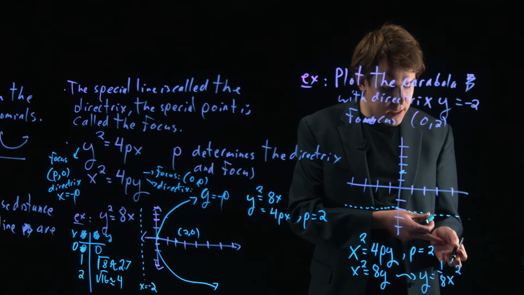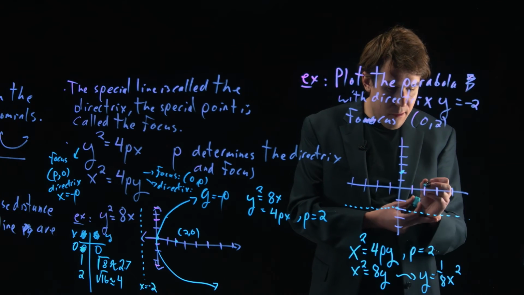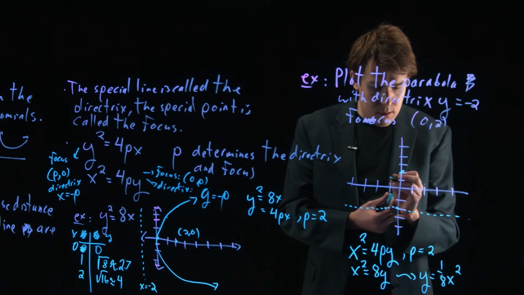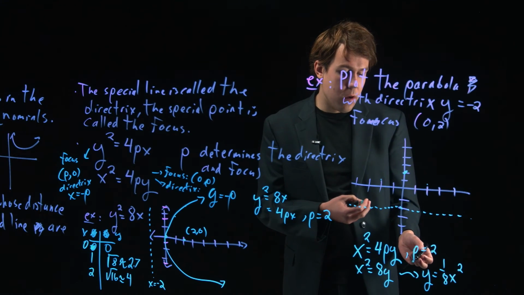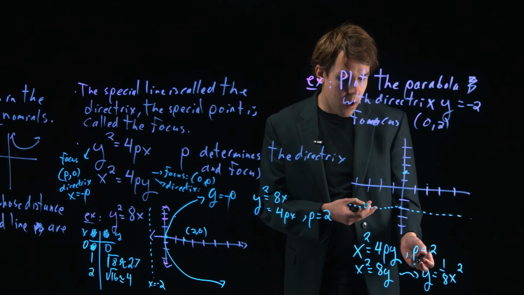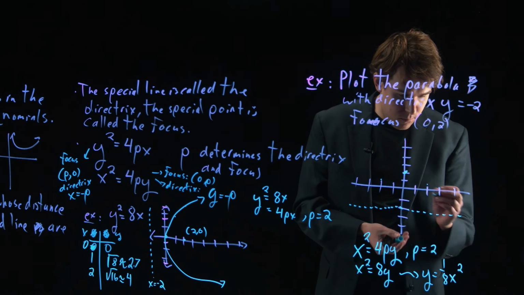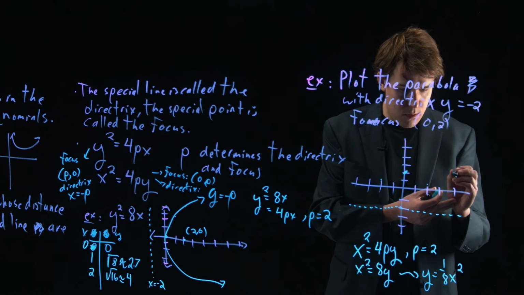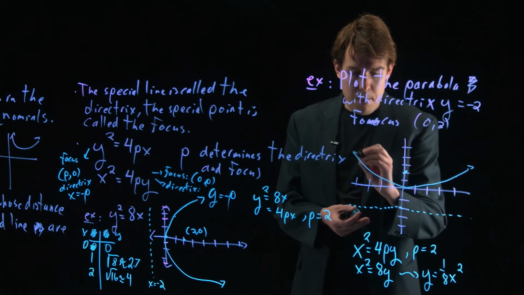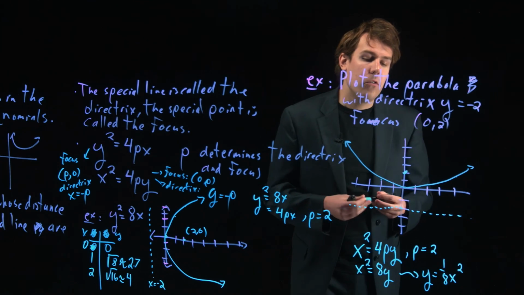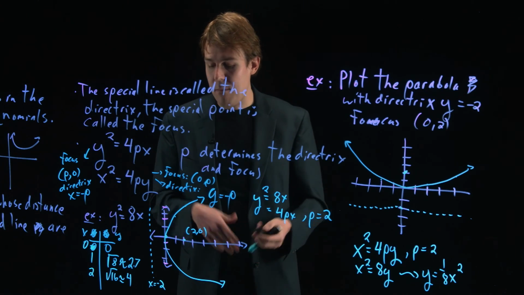So let's see, when x is equal to 2, y will be equal to 1/2. When x is equal to 4, y will be equal to 2. So the picture is something like this. So we just have to think about parabolas a little bit differently when we study them in this context.